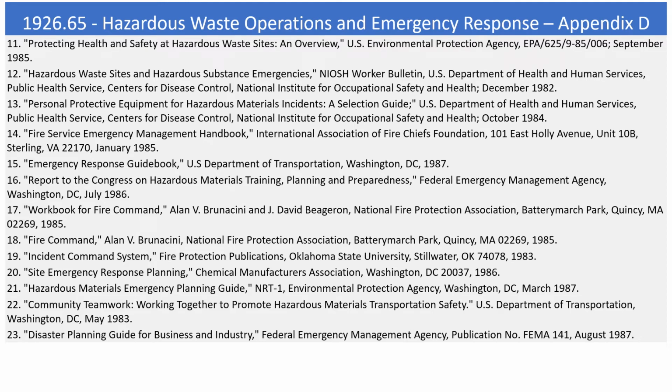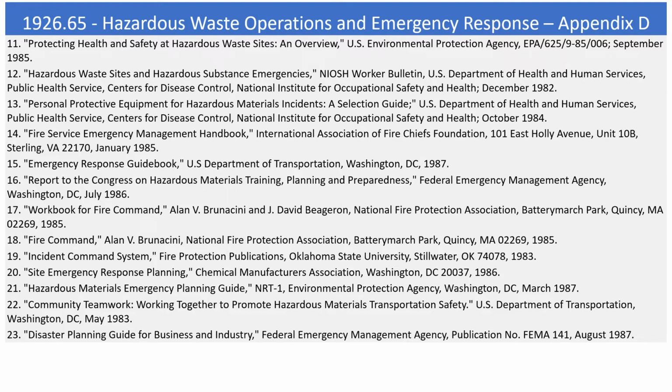11. Protecting Health and Safety at Hazardous Waste Sites, an Overview, U.S. Environmental Protection Agency, EPA/625/9-85/006, September 1985. 12. Hazardous Waste Sites and Hazardous Substance Emergencies, NIOSH Worker Bulletin, U.S. Department of Health and Human Services, Public Health Service, Centers for Disease Control, National Institute for Occupational Safety and Health, December 1982. 13.